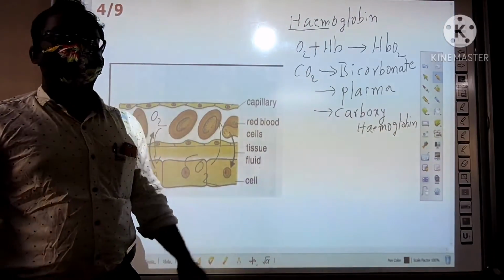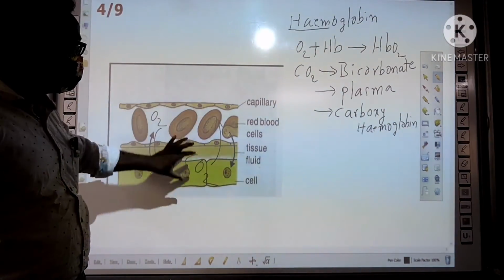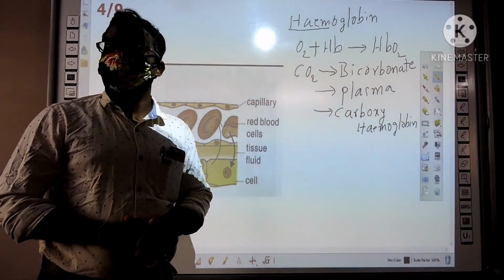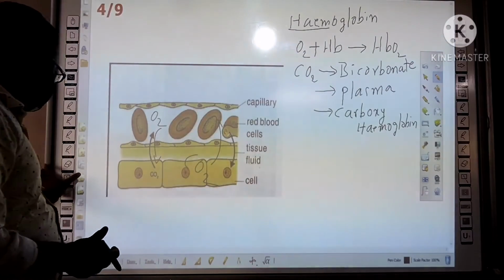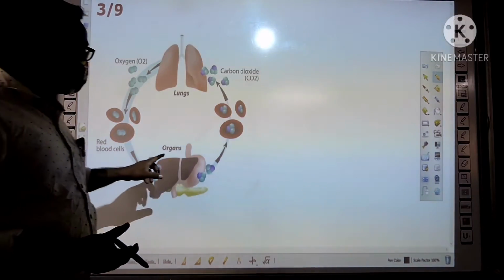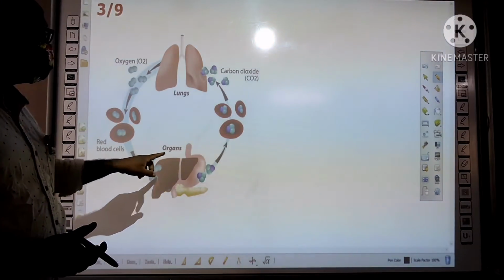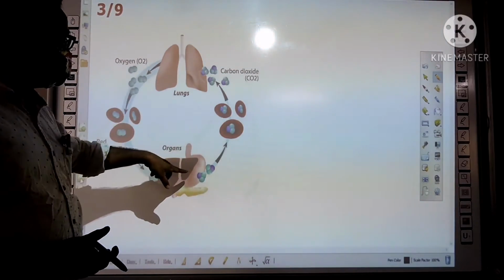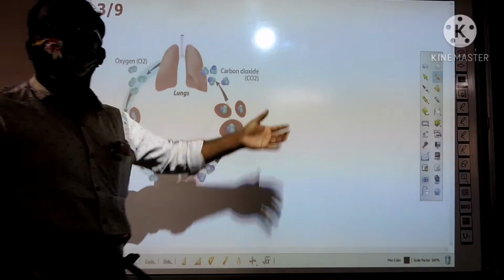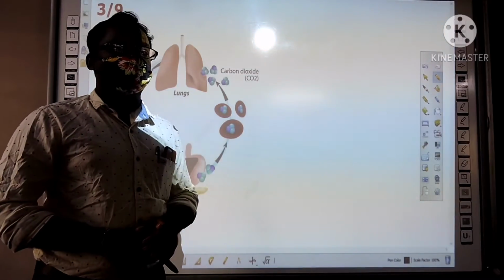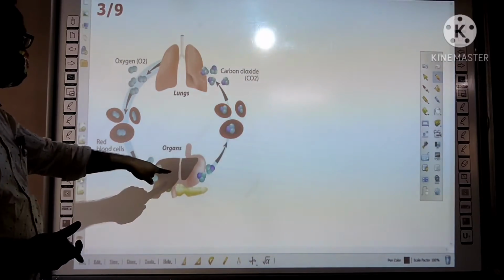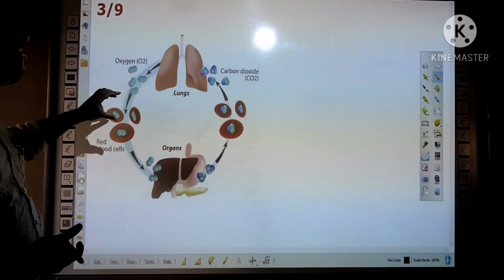So this is about gas exchange between the tissues and the cells. So here the carbon dioxide is transported to the lungs from organs in the form of bicarbonates, in the plasma and as carboxyhemoglobin, and oxygen is supplied to the organs through the heart in the form of oxyhemoglobin.